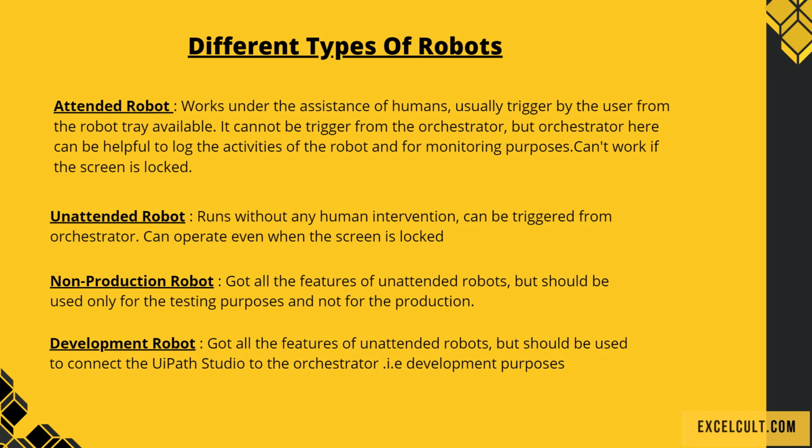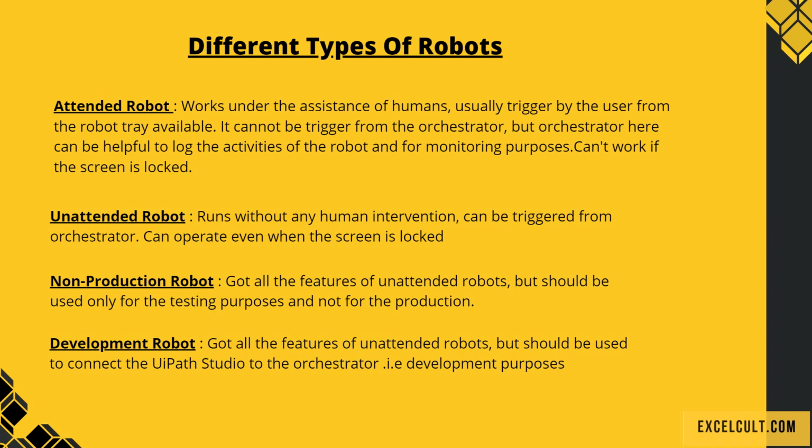This type of robot has got all the features of unattended robot but should be used only for testing purposes and not for production. Then the last, development robot. This has also got the features of unattended robot but should be used to connect UiPath Studio to the orchestrator for development purposes.